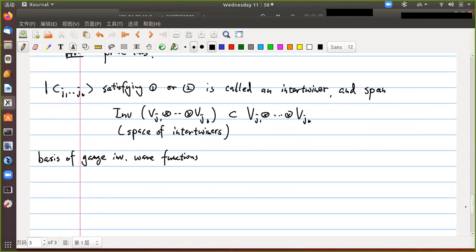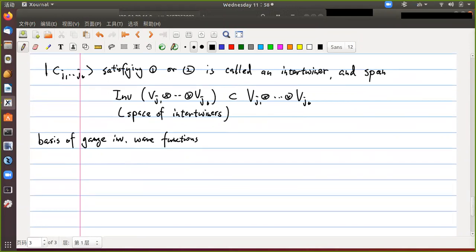Okay, so now let me write down the basis of gauge invariant wave function. This is again labeled by T. The label for T is gamma, J, and I. Gamma is just our lattice.